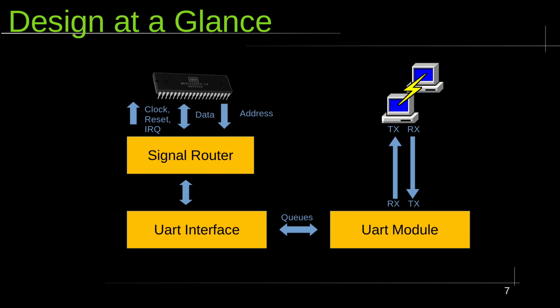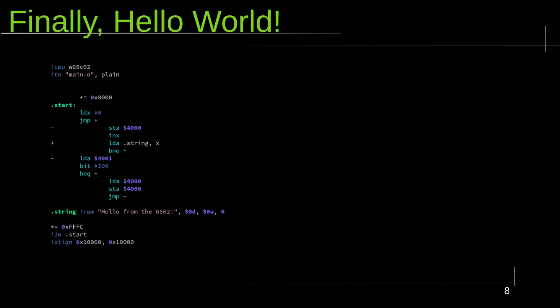So let's say that the 6502 wants to write some data to that memory location. The signal router is going to pass it along to the UART interface, which is going to add that byte to the queue, and the UART module is then going to send the data to the computer.